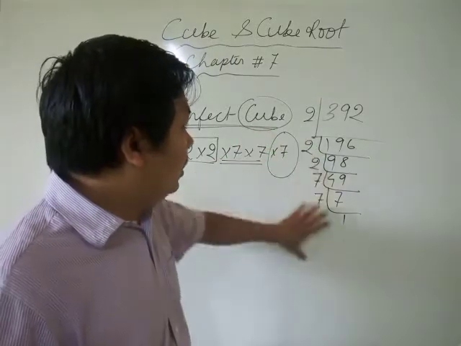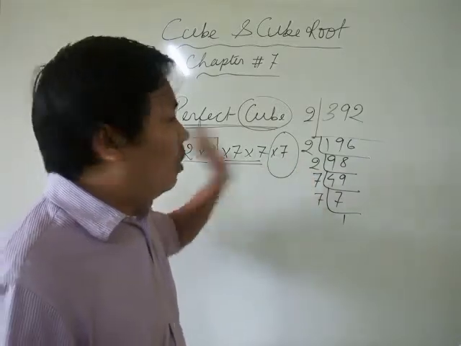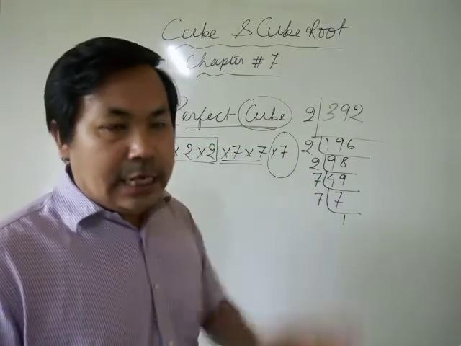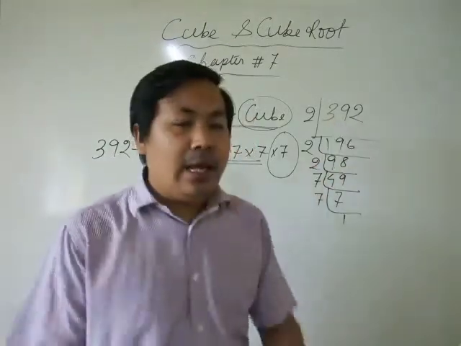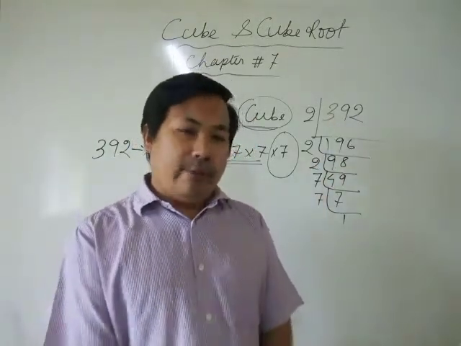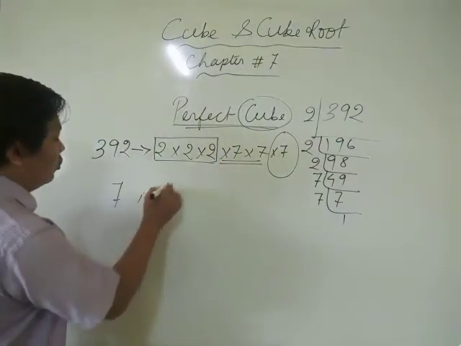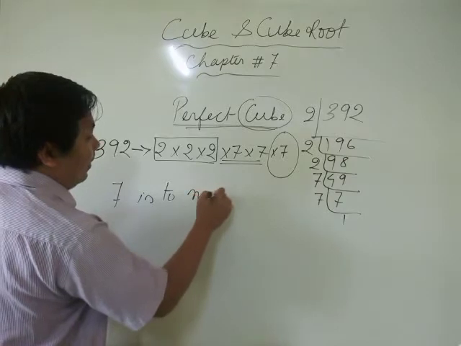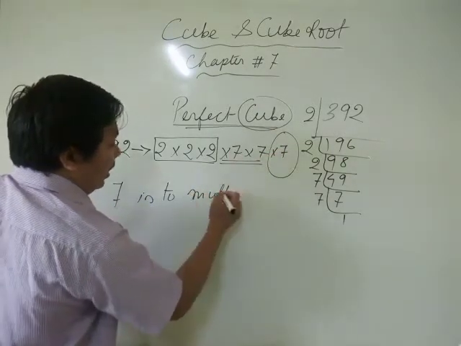When we factorized 392, we got only two 7s, so 1 more 7 is needed. If we multiply the number with 7, then the number will become a perfect cube. So we need to multiply the number by 7.